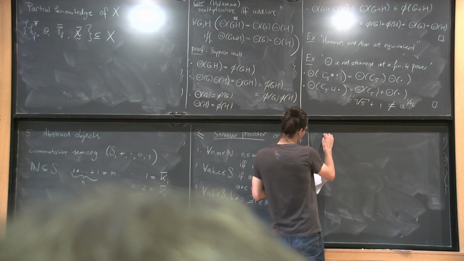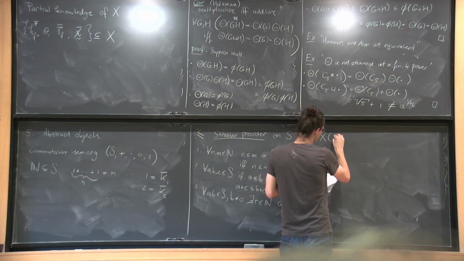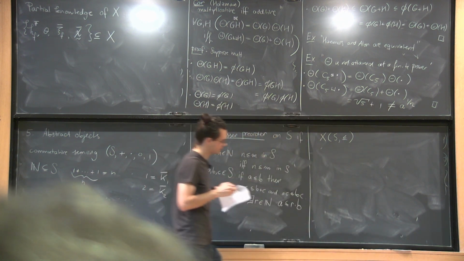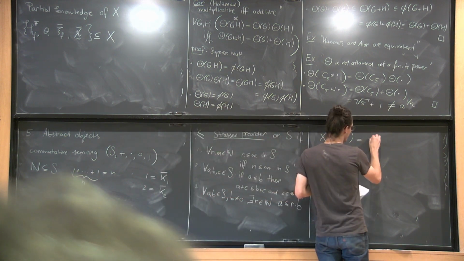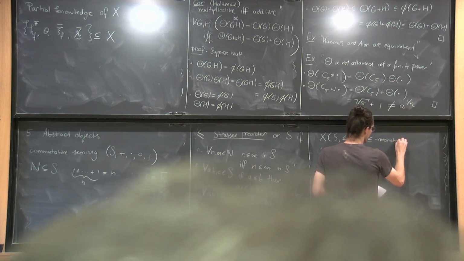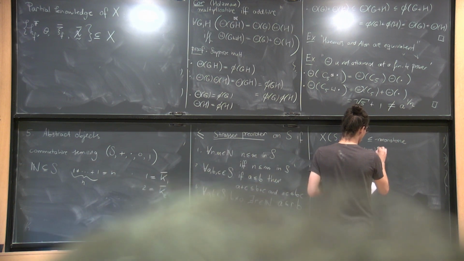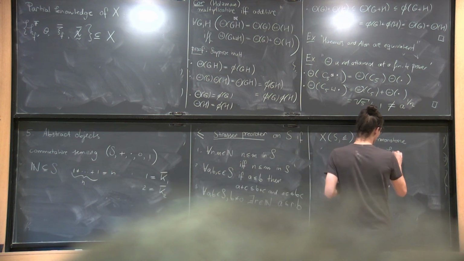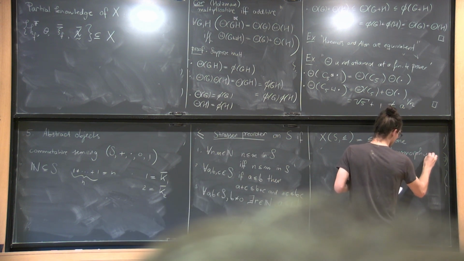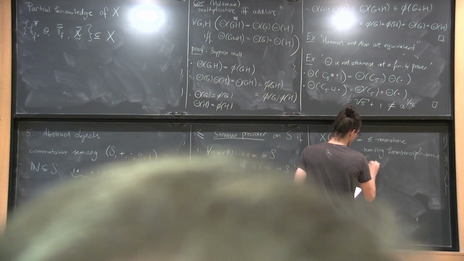So now I can define the asymptotic spectrum in this abstract setting as the set of all monotone semi-ring homomorphisms from S to the reals.